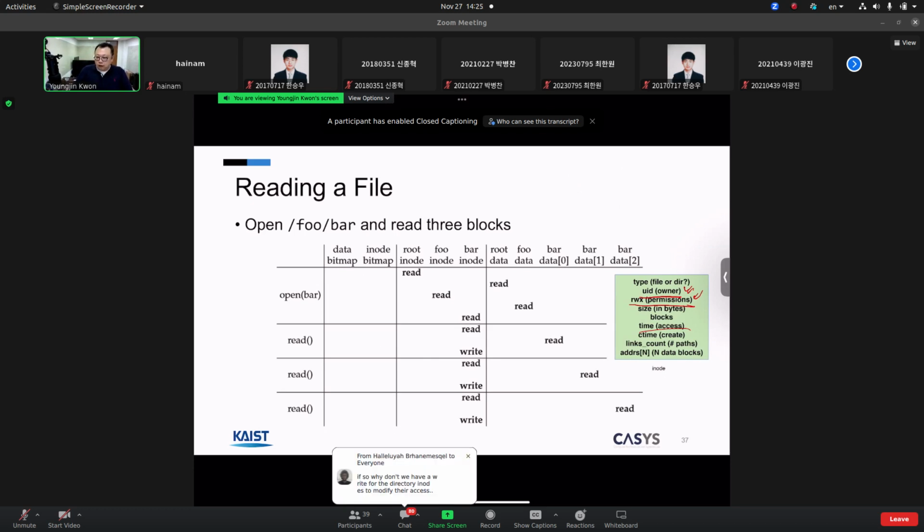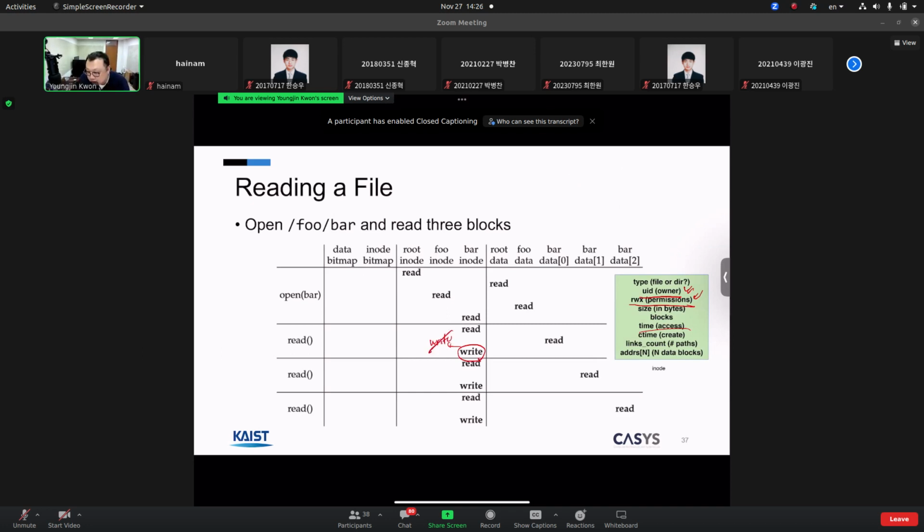Okay. So why don't you have a write to the directory inode to modify its access time? Where is it? Foo, right. Bar. Oh, so you are talking about this. So why does no write happen?